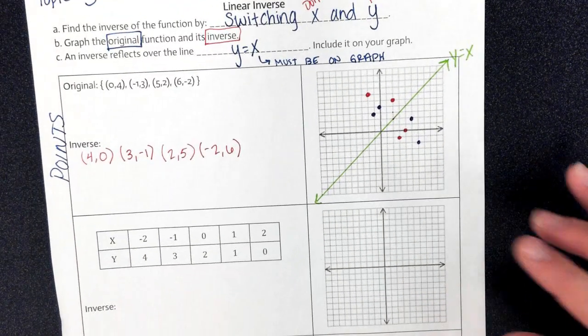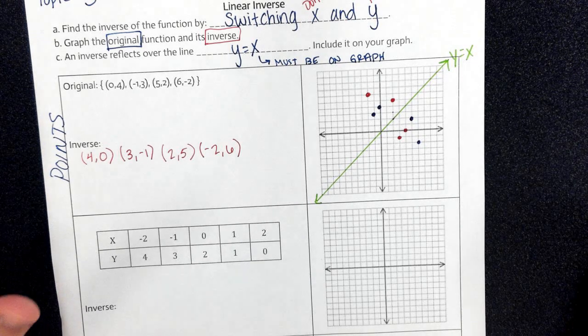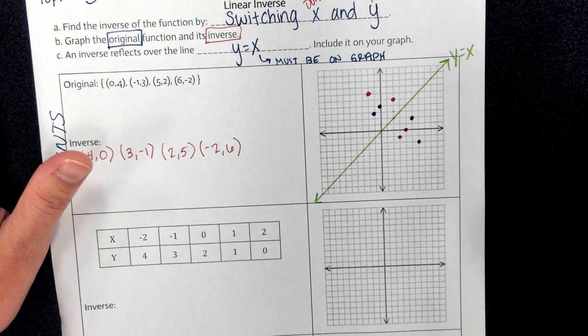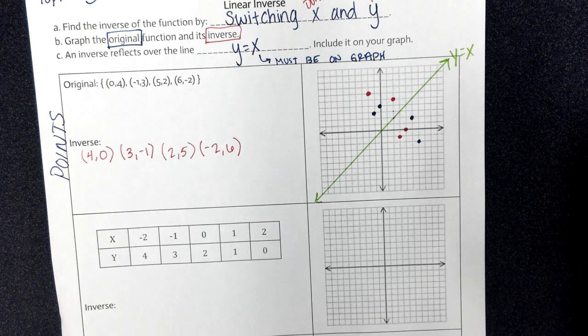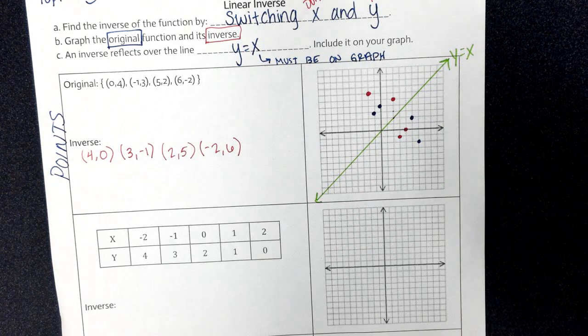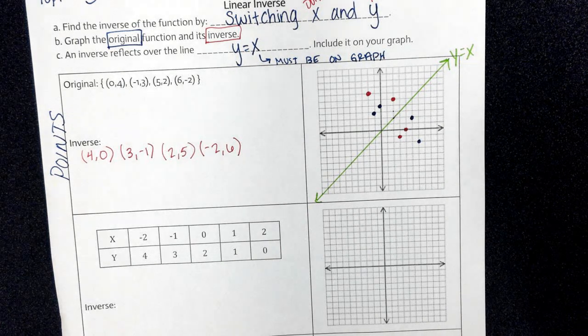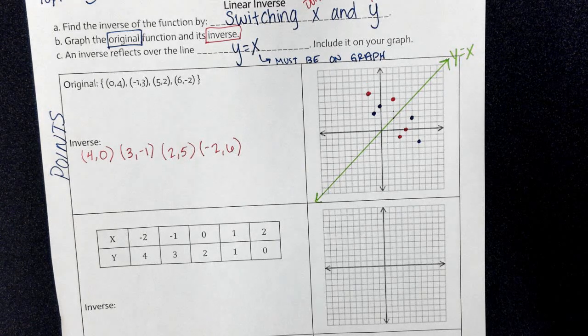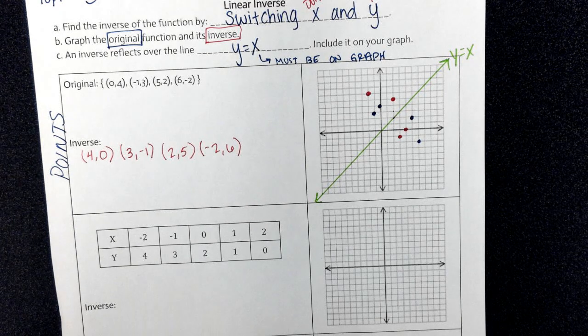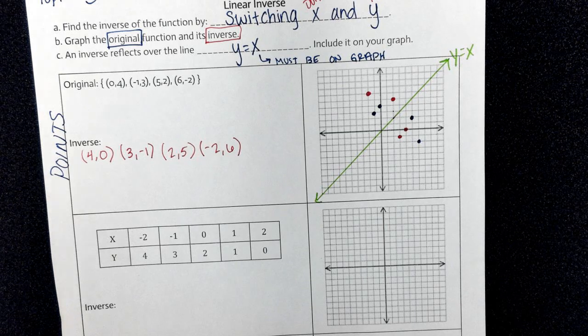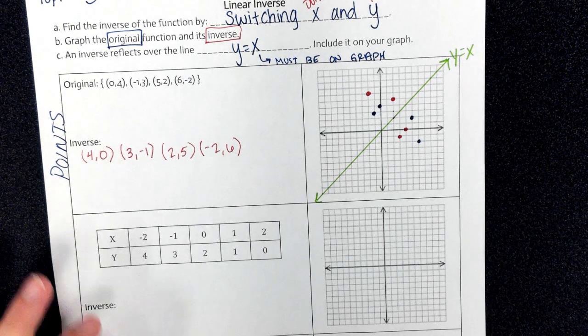Now put your pencils down and let's look real quick, because there's a way to tell, did I do this correctly? If I jump a line, that's a reflection. I'm jumping over a line, which means my points should be exactly the same distance apart. So I'm going to turn my paper.